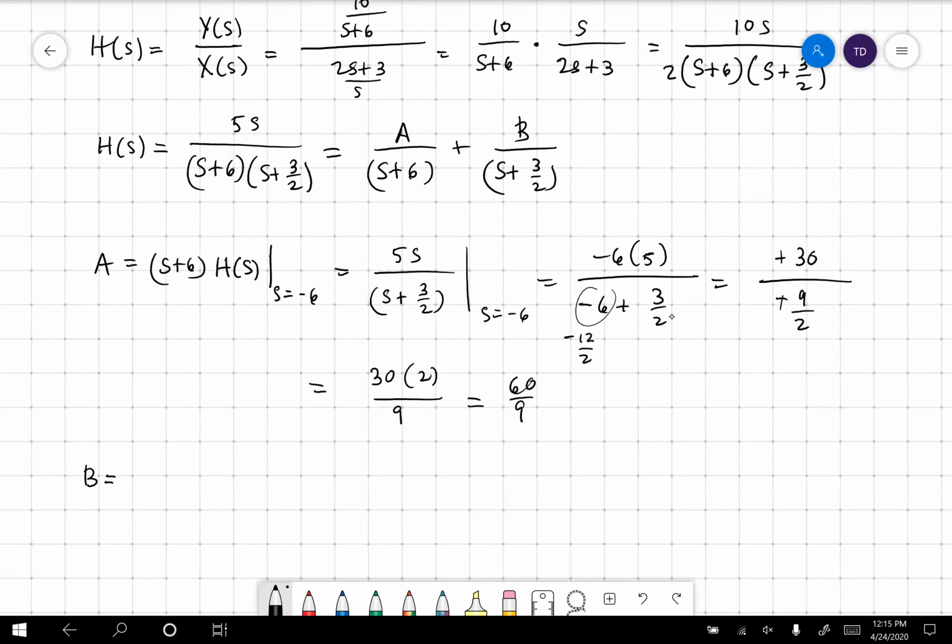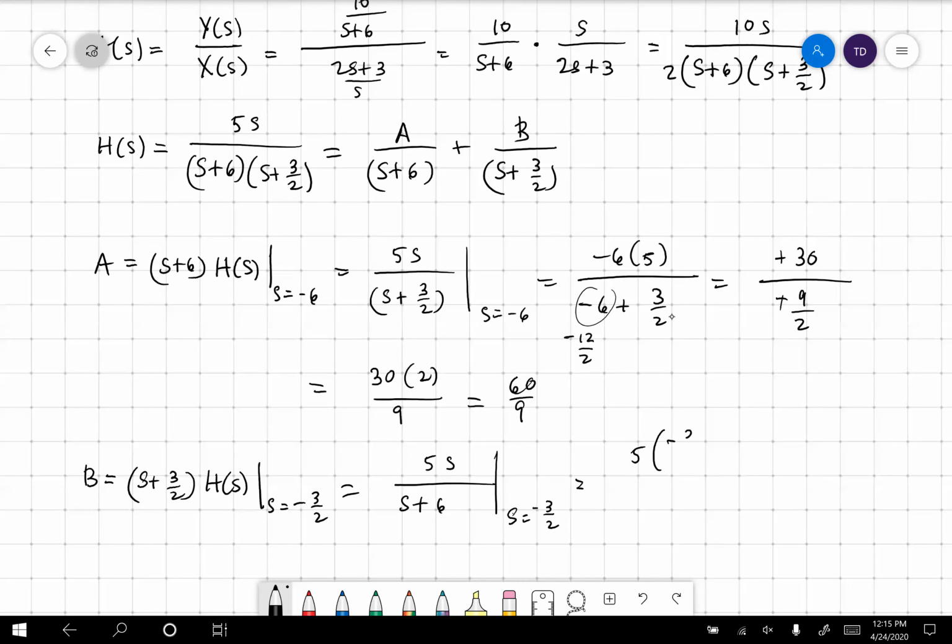B is equal to (s plus 3 halves) times H of s, evaluated when s is equal to minus 3 halves. And that's going to be equal to 5s over s plus 6, evaluated when s is equal to negative 3 halves. Now I'll just plug and chug. 5 times minus 3 halves divided by minus 3 halves plus 6.